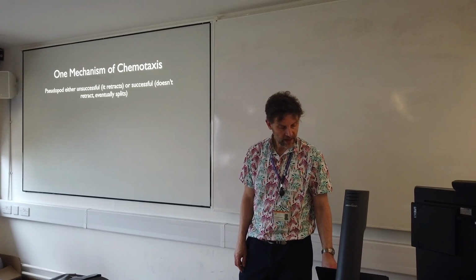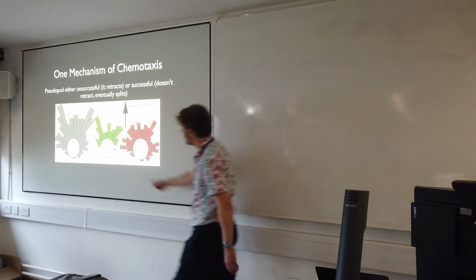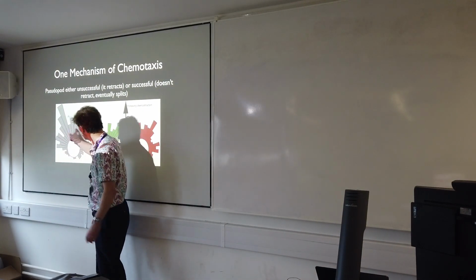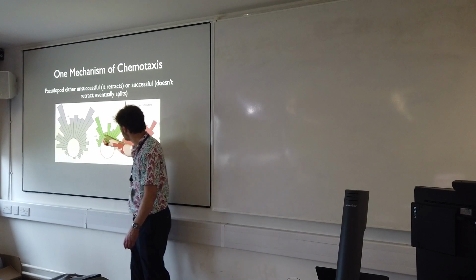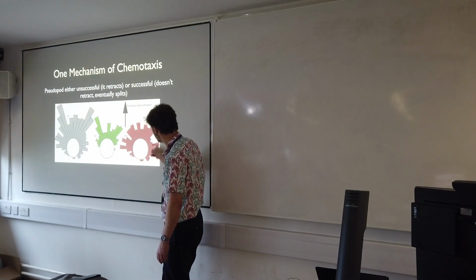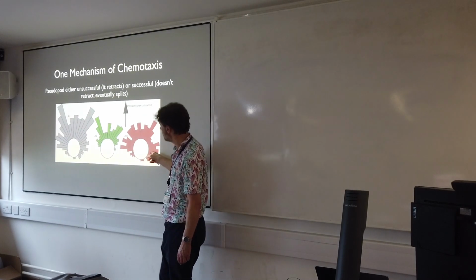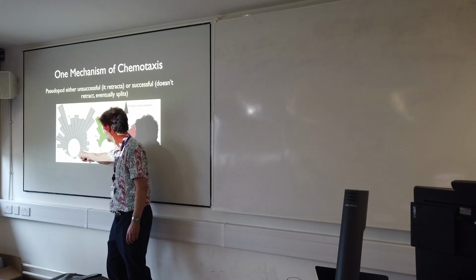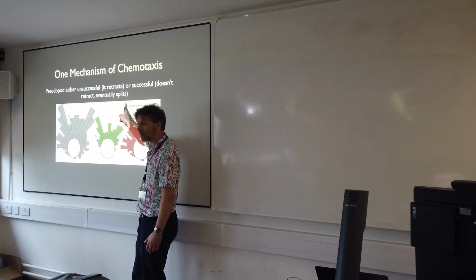So we did this nice work where we looked at all the pseudopods that the cell randomly makes. And we looked at the ones that the cell keeps. And we looked at the ones that the cell retracts. And you can see that these are doing a really bad job of steering the cell in a good direction, which should be straight up here.